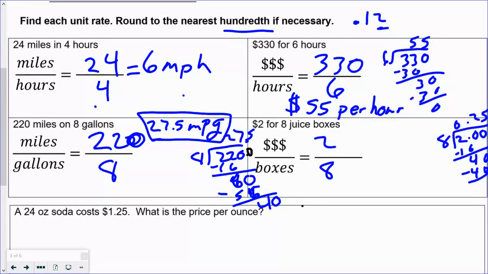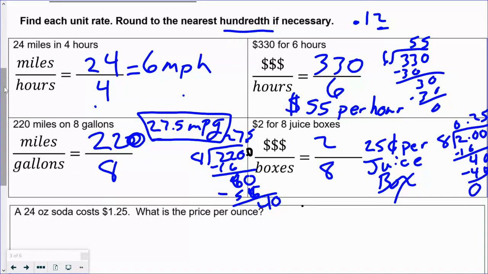Oops, go back. All right, so how much are we spending per juice box? You can say you're 25 cents per juice box. Okay, sometimes you don't have a fancy acronym that you can use.